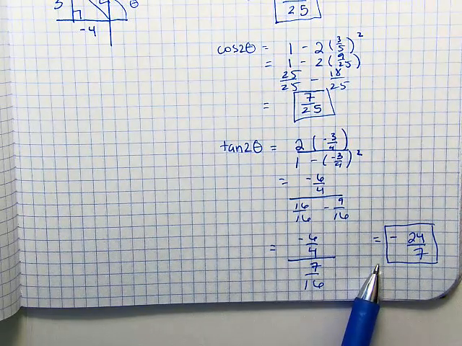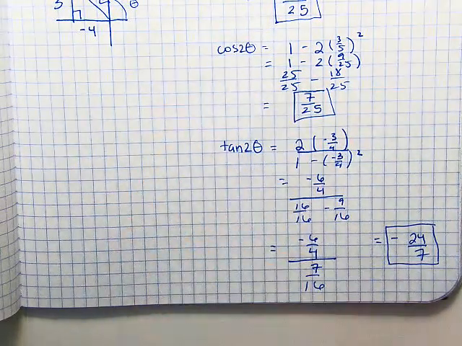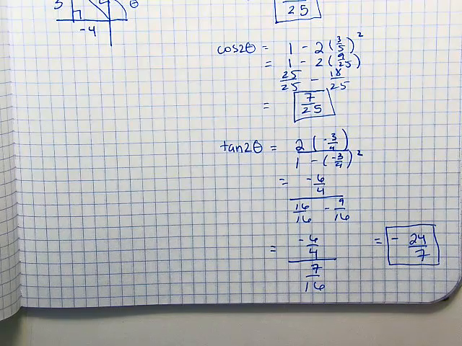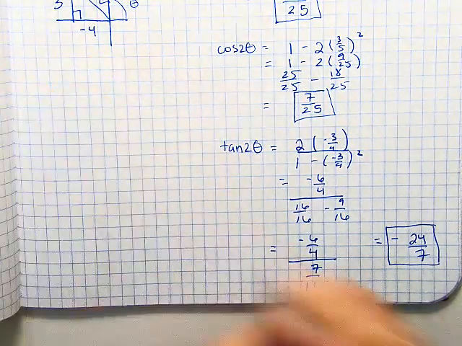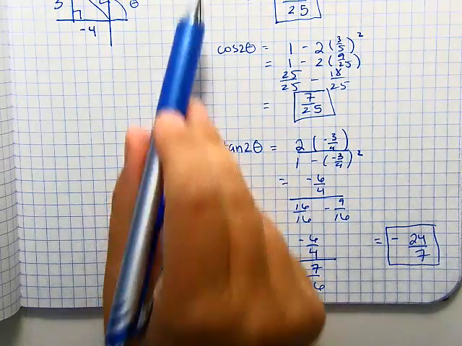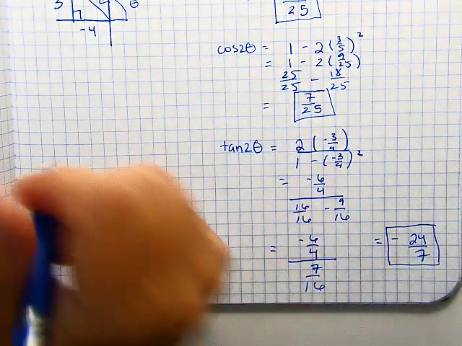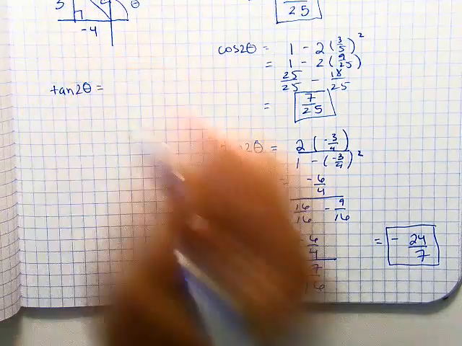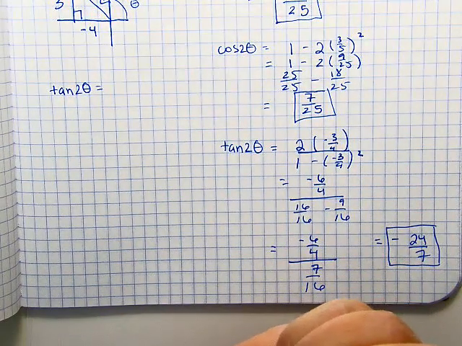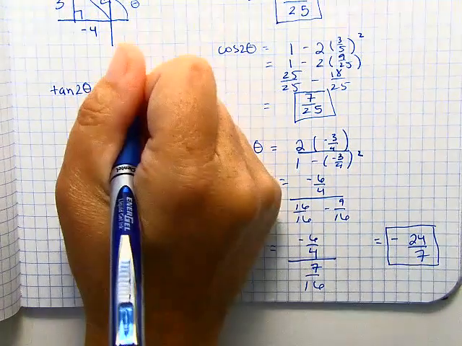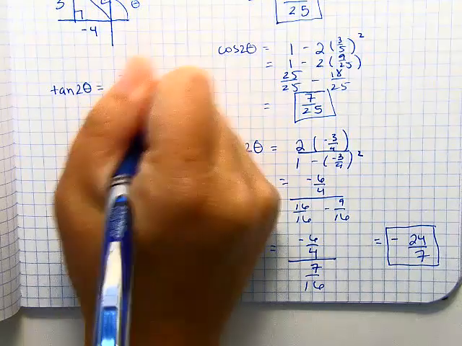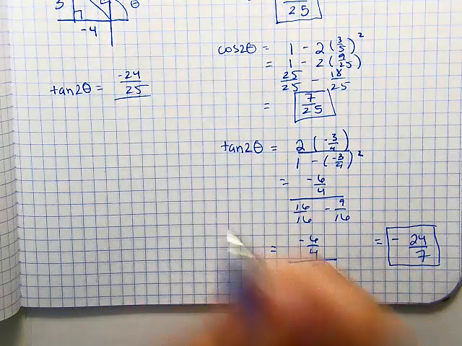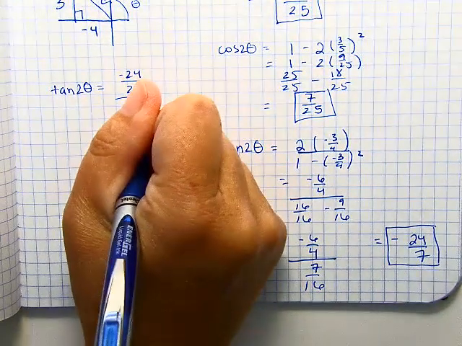If you have already found sine and cosine of 2 theta, then you can use a formula. Tangent is sine of 2 theta divided by cosine of 2 theta. So you could also use tangent of 2 theta is sine, which is -24/25, divided by cosine, which is 7/25.